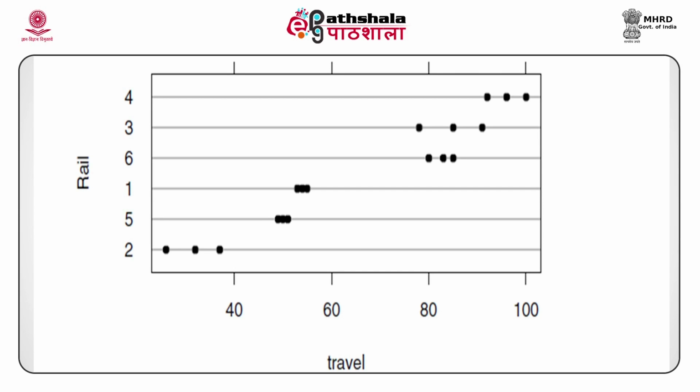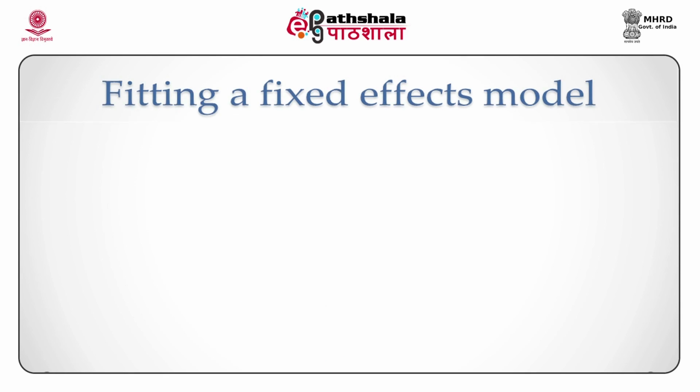So to begin to model this data, let us begin with the simplest situation where we completely ignore the subject-specific effect and fit the model y_ij equal to beta plus epsilon_ij. So i is equal to 1 to n, the number of rails, and j is equal to 1 to n_i, which is the number of observations for each rail.